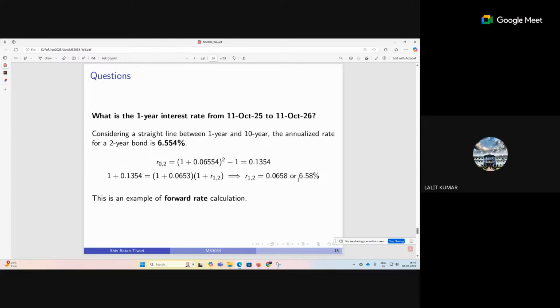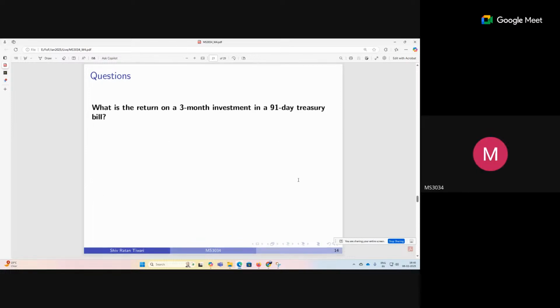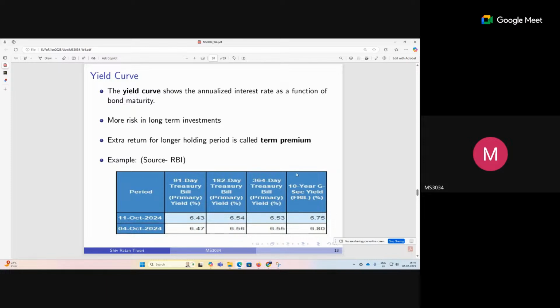Sir, may I ask you one question? Yes. Actually, in this question, sir, I have a confusion. When you show me the graph, it gives the rates for 1 year, for 2 year, for 3 years. Here, for example, I am using this data, and you are not given the values for 2 year, 3 year, 5 year, etc. Only the data for 1 year and 10 year is given.